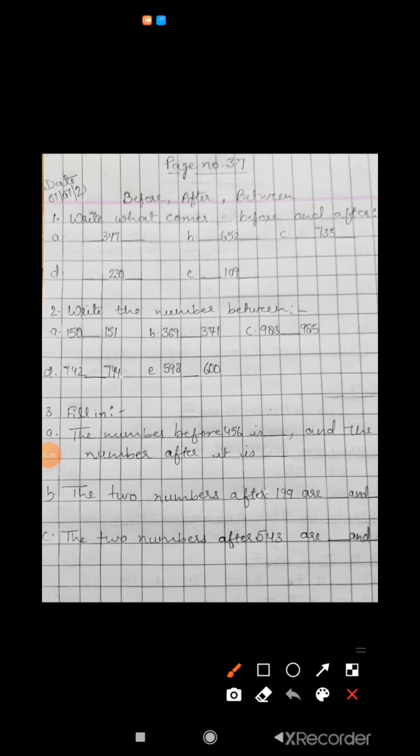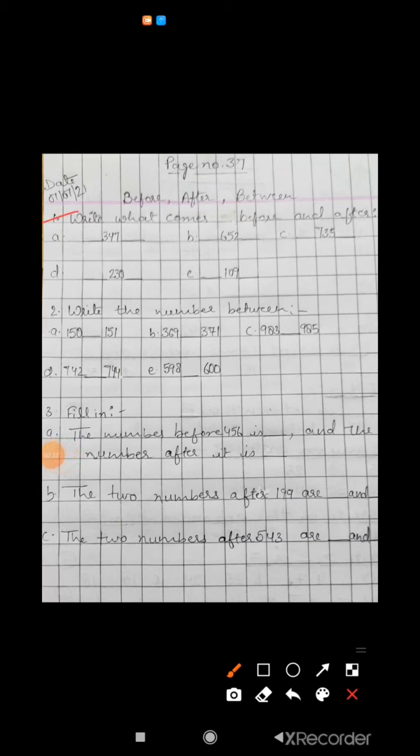Here students, you have to do this work in your copies like this. First you have to write here page number, before, after and between, and you have to write the date in the corner, and on the top what will you write here? Classwork.